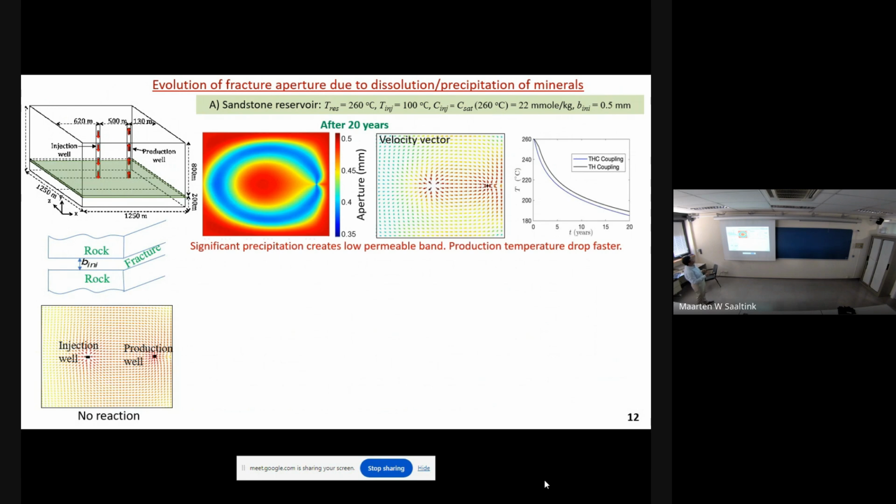For these injection conditions, we found a significant amount of precipitation happens around the wells, and that makes the flow field a bit confined. Basically the fluid is not able to go out, overcoming the barrier, and naturally there is a slight decrease in the energy production rate.